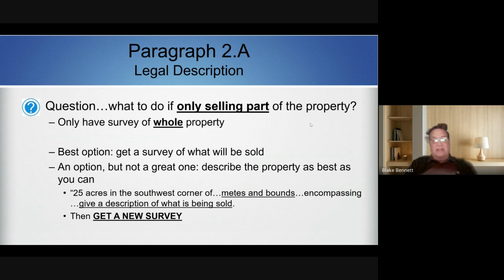Get a new survey, then that way everything's clean. Another option, it's not a great one, you could describe the property as best as you can, say 25 acres in the southwest corner of, and then give the metes and bounds, encompassing and give a description of what's being sold. But ultimately, you want to get a new survey because you want to know exactly what it is that has been sold.